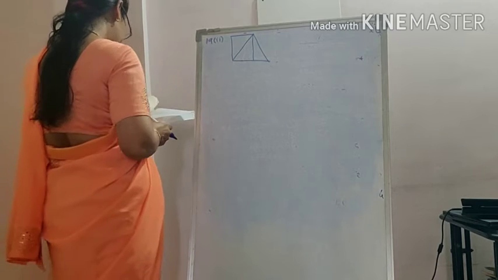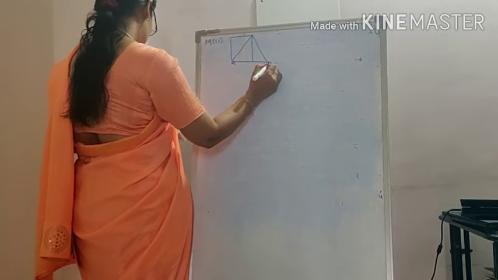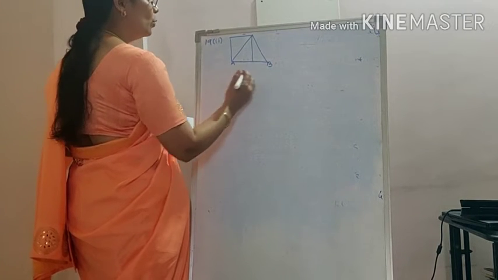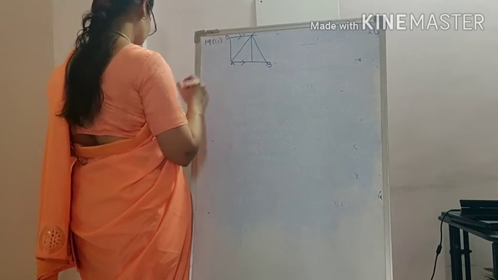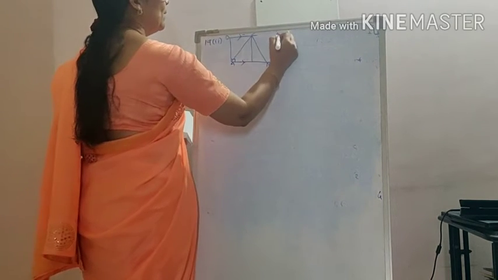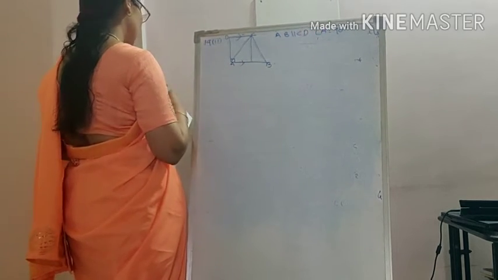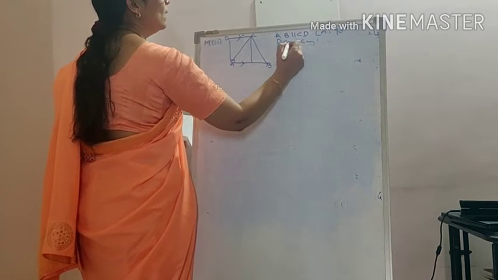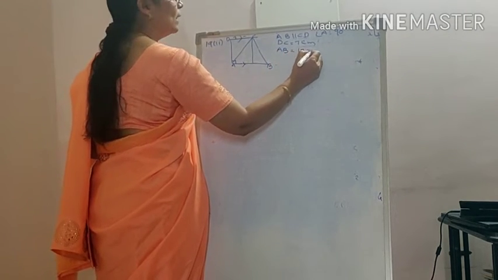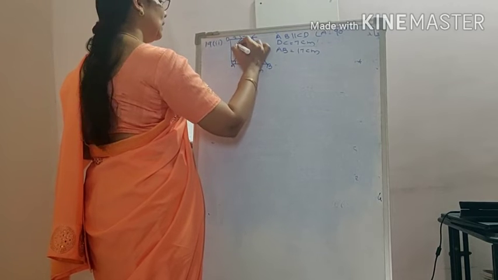He is saying that AB is parallel to CD, angle A is 90 degrees, BC is 7 centimeters, so this is 7, AB is 17 centimeters, so this is 17, and AC is 25 centimeters.